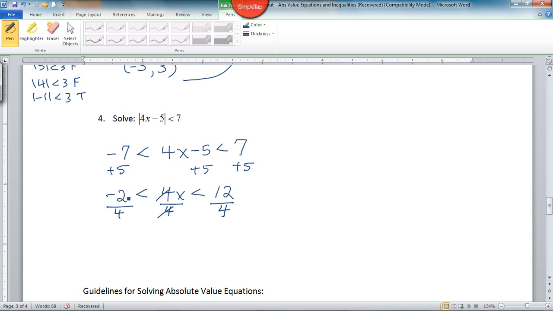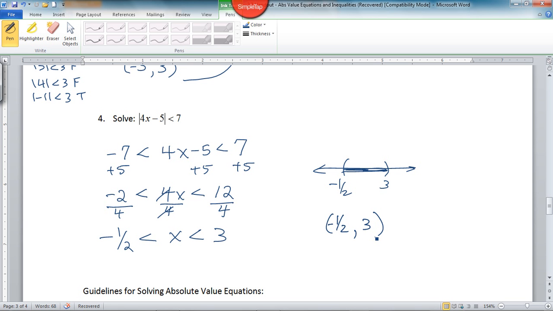I've got negative a half is less than x. Reduce those by 2. And then reduce that down to 3. Hey, how about that? Now we've got our solutions. We've got x between negative a half and 3. So on the number line, that's the part of the number line between negative a half and 3. And then interval notation of that would be negative 1/2, comma 3.